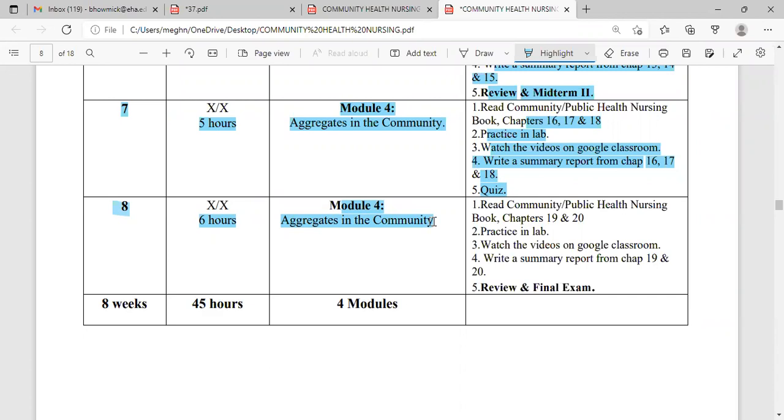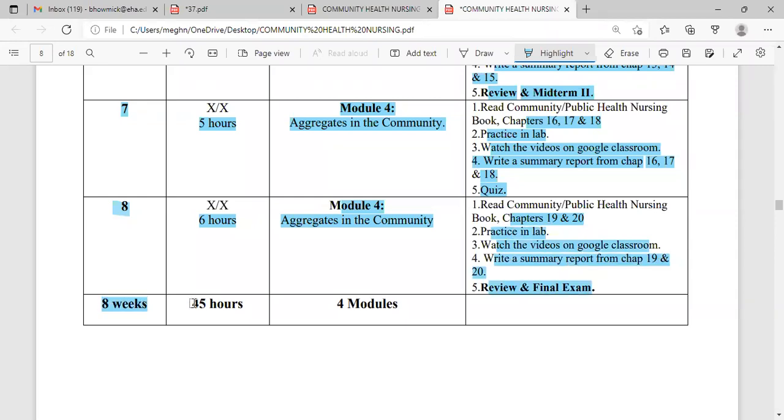Like epidemiology, it is included in this chapter. Also health promotion, also disease prevention, everything is here. So chapters 19 and 20, practice the lab, watch the video in Google Classroom, write the summary report on chapters 19 and 20, and review for the final exam.